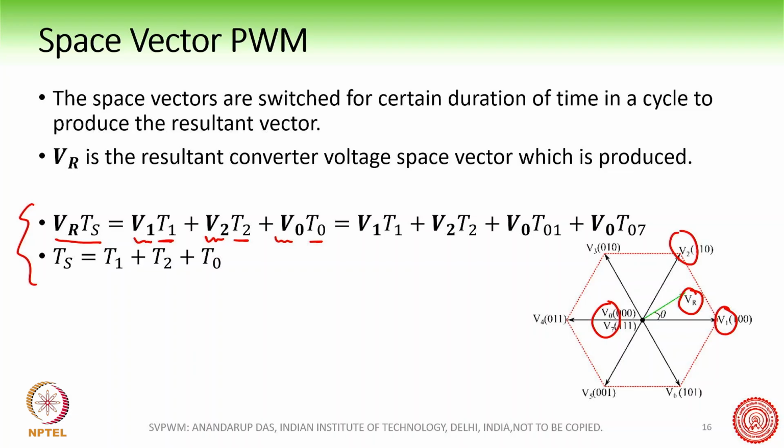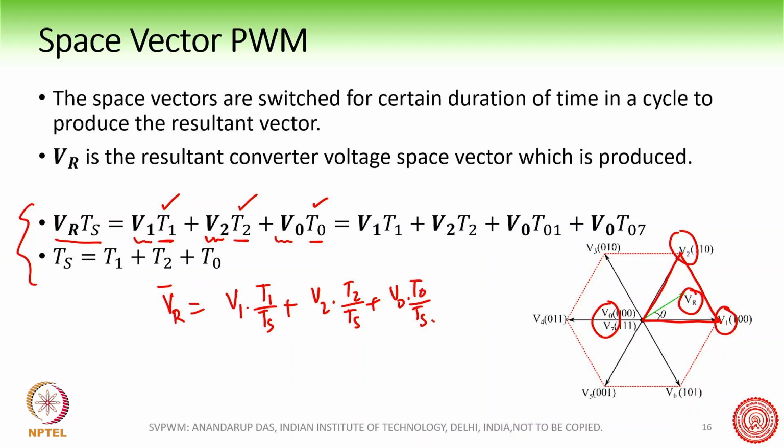So in this triangle, we are trying to come to this resultant vector by switching the three nearest enclosing vectors V1, V2 and V0 with these timing durations T1, T2 and T0. Basically, what does this mean? It means that this resultant vector is V1 into T1 by Ts plus V2 into T2 by Ts plus V0 into T0 by Ts, right?